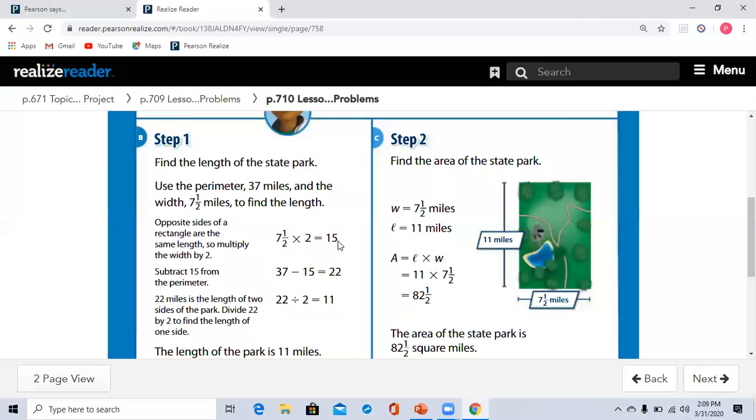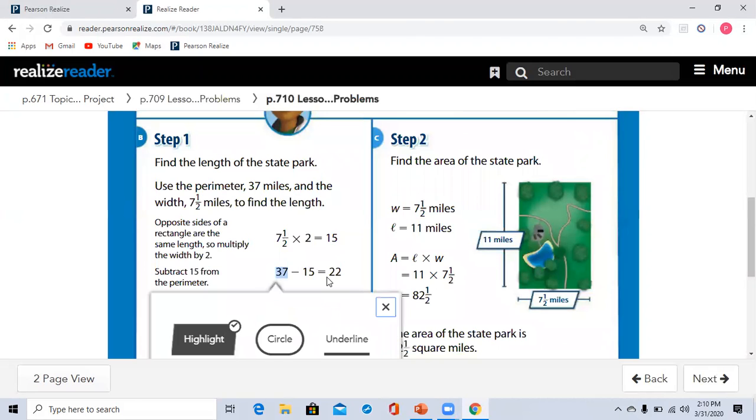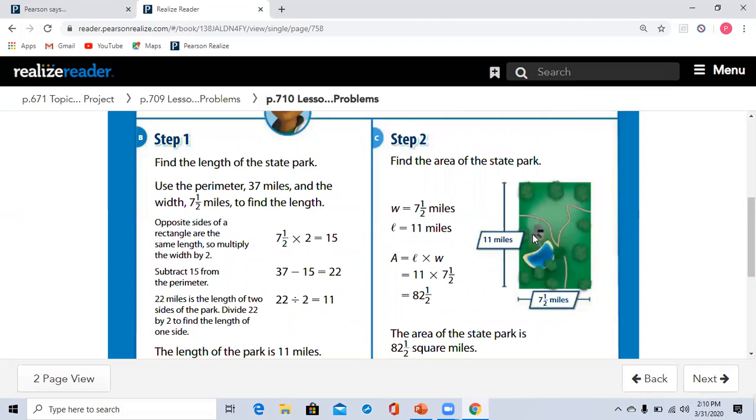That gives me 15 miles. Because I've got the total perimeter, I can deduct that 15 from the 37, which will give me 22. But that is 2 of the lengths. So if I divide that 22 by 2, I get 11. So one of my lengths is 11 and the other one is 7.5.